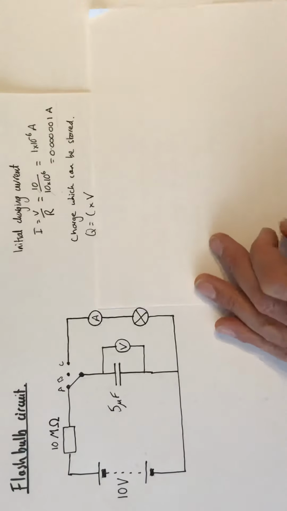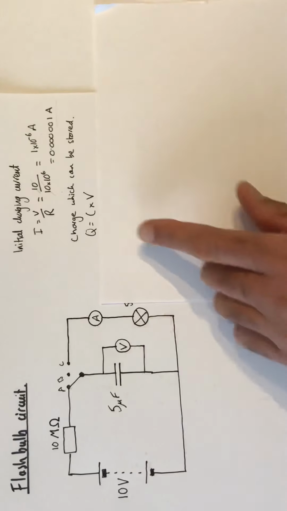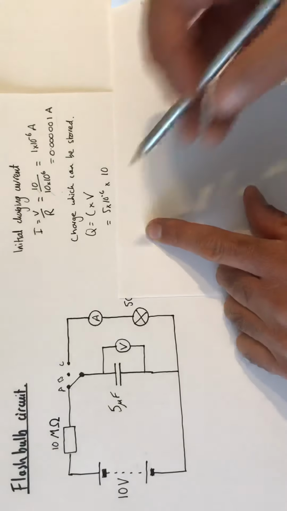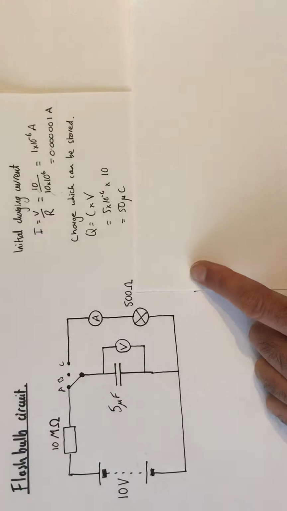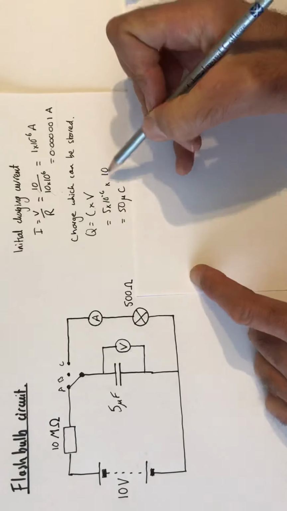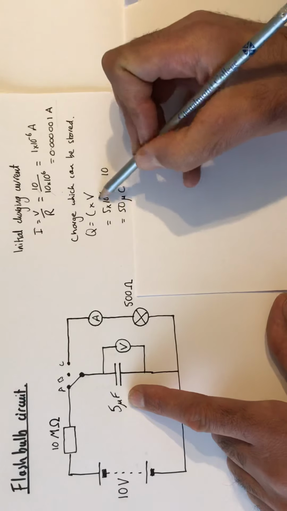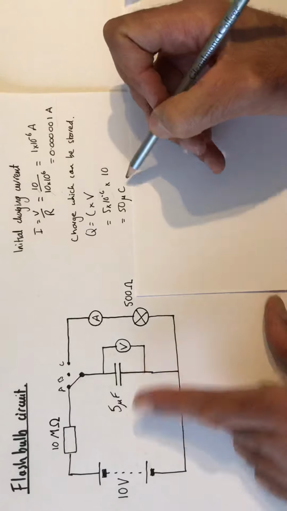Now, what's the next step? How much charge can you actually store on this thing? So, going back to our standard capacitance equation, Q equals CV. C is 5 microfarads. For the sake of convenience here, I'll just give my answer in microcoulombs. So 5 times 10 is 50 microcoulombs.